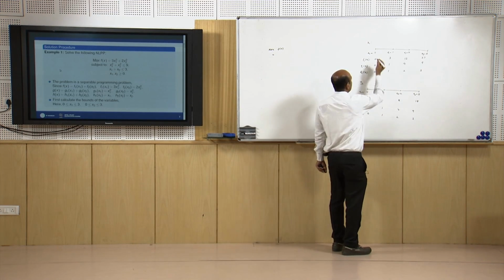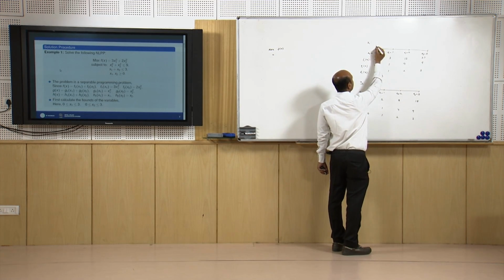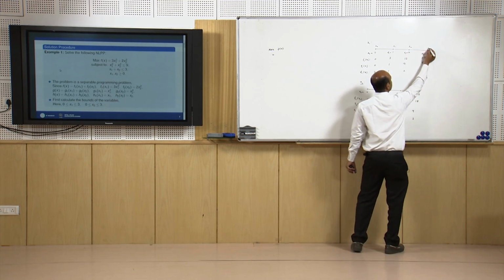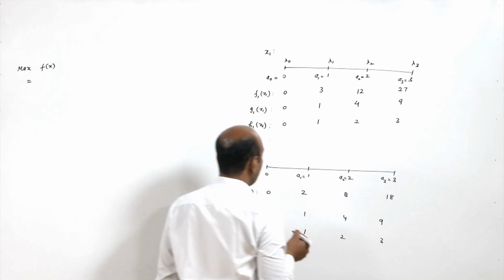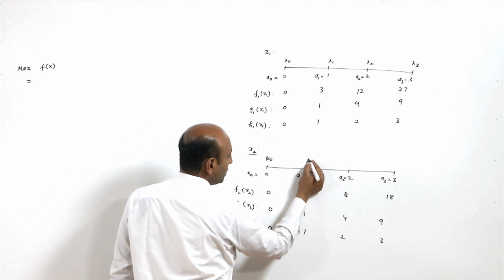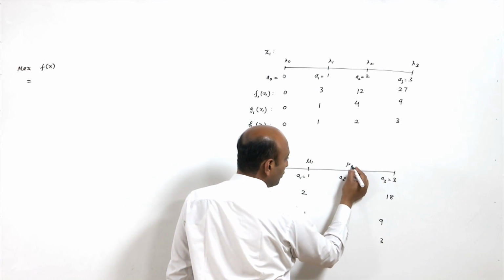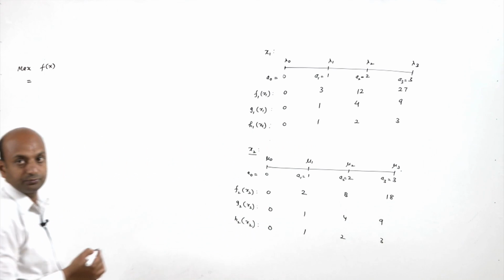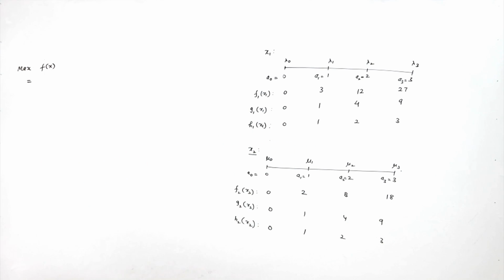Now suppose corresponding to this grid point we have lambda naught, lambda 1, lambda 2 and lambda 3, and corresponding to variable x2 we are having mu naught, mu 1, mu 2, mu 3, as we have already seen.